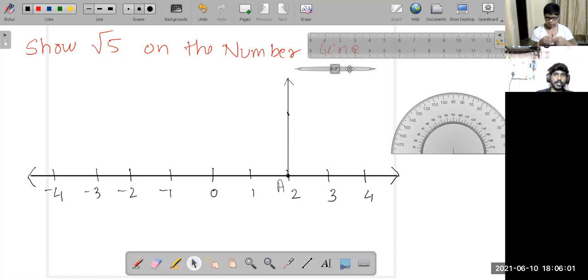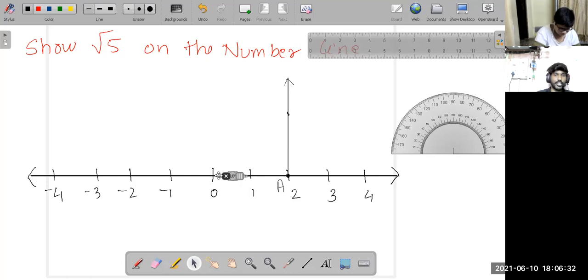Now take your compass, put the pointer of your compass on 0 and put the pencil point on 1. Just take the measurement, don't draw anything. Did you measure? Done, sir.